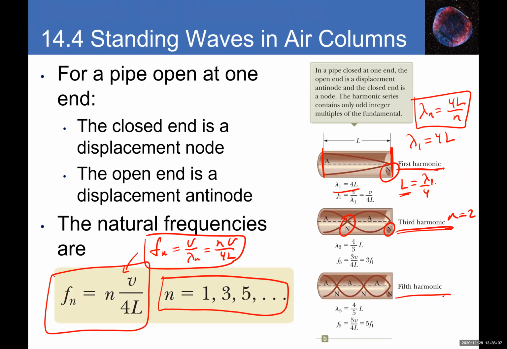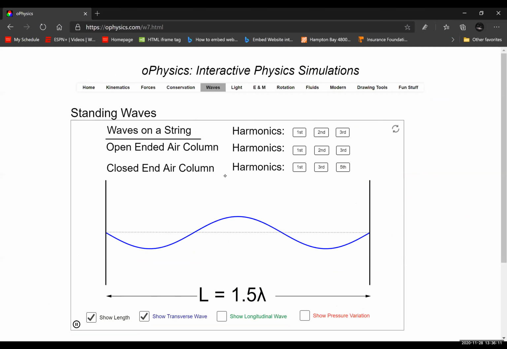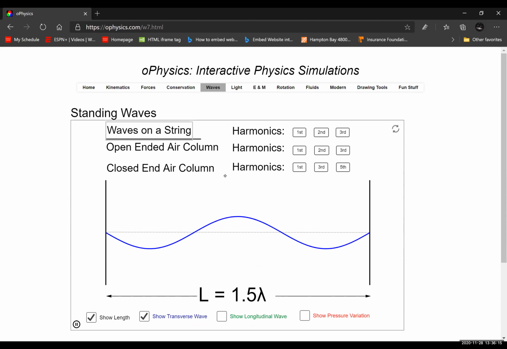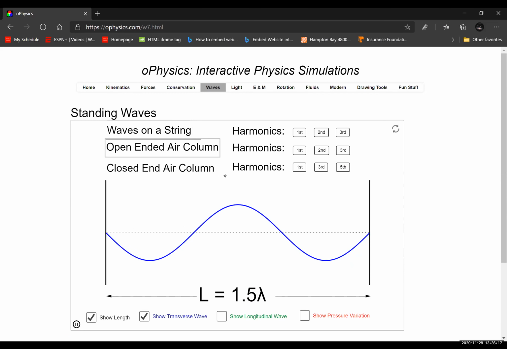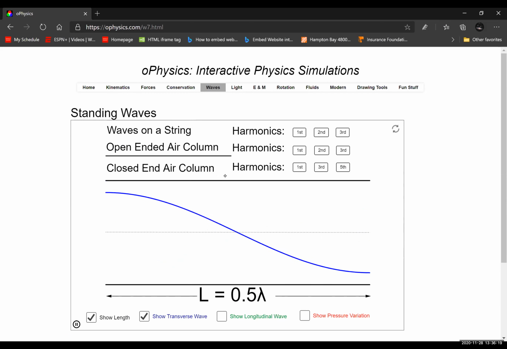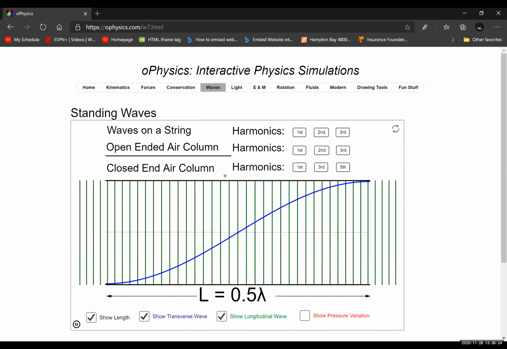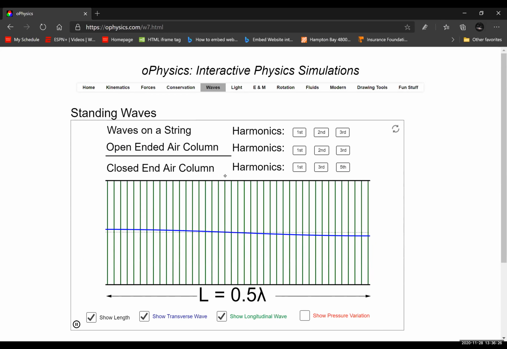Before I look at this example, I want to share the simulation here, because we can also do this in terms of the air columns. There you go. These are longitudinal waves. So you can see, this is basically the first harmonic if it's open and open.